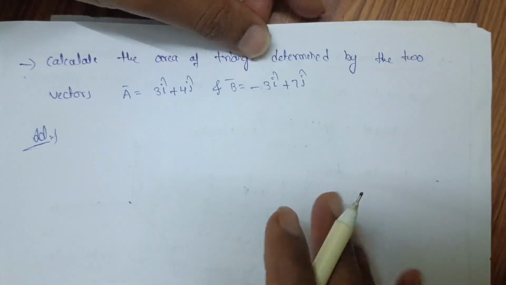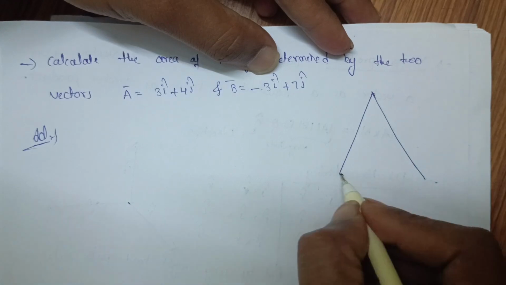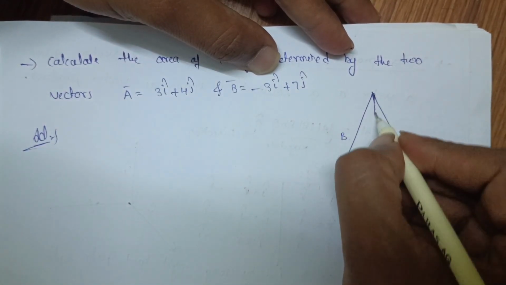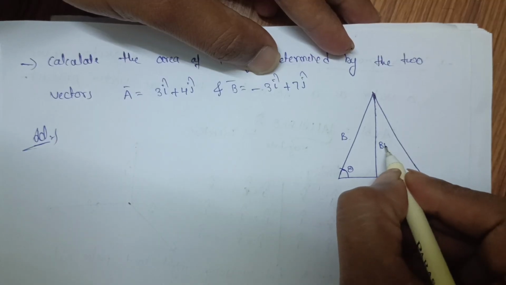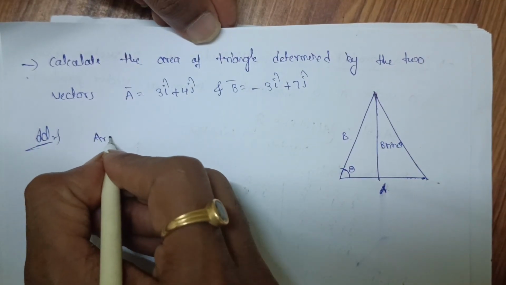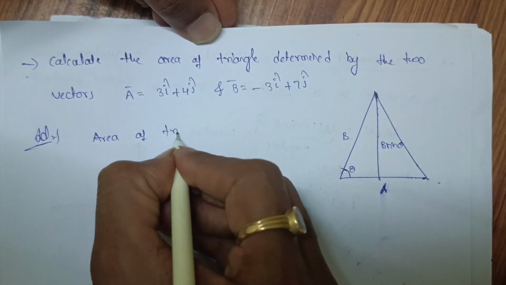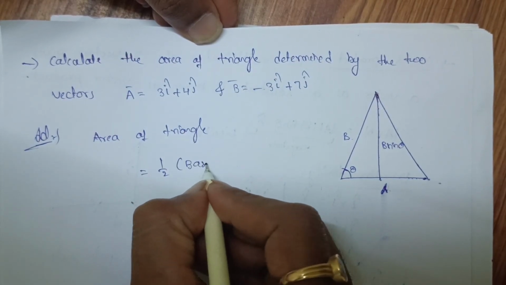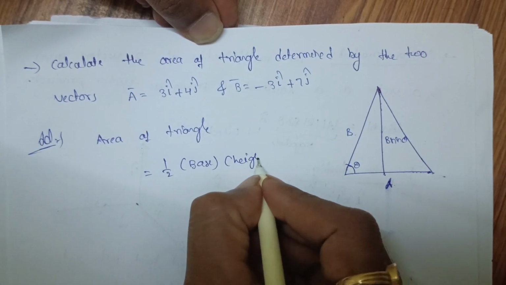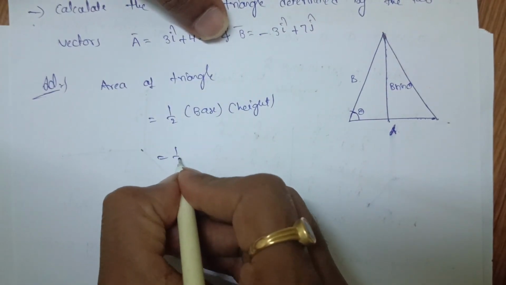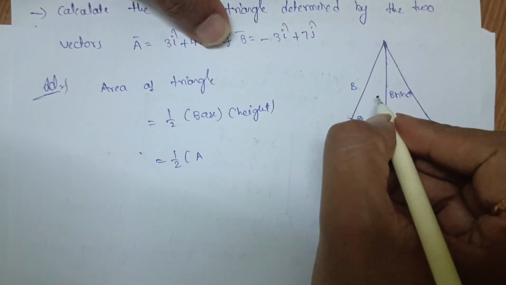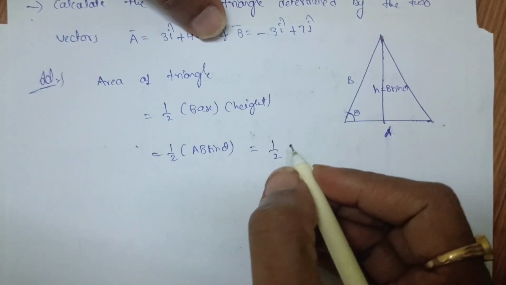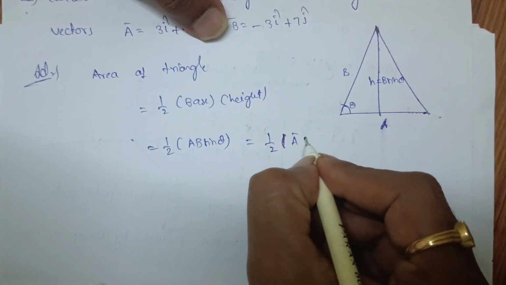Now here the area of triangle formula is like this. Let us say this is a, this is b, and this is b sin theta. So area of triangle is equal to half into base into height. Half into base is a, height h is equal to b sin theta, that is 1 by 2 a cross b.